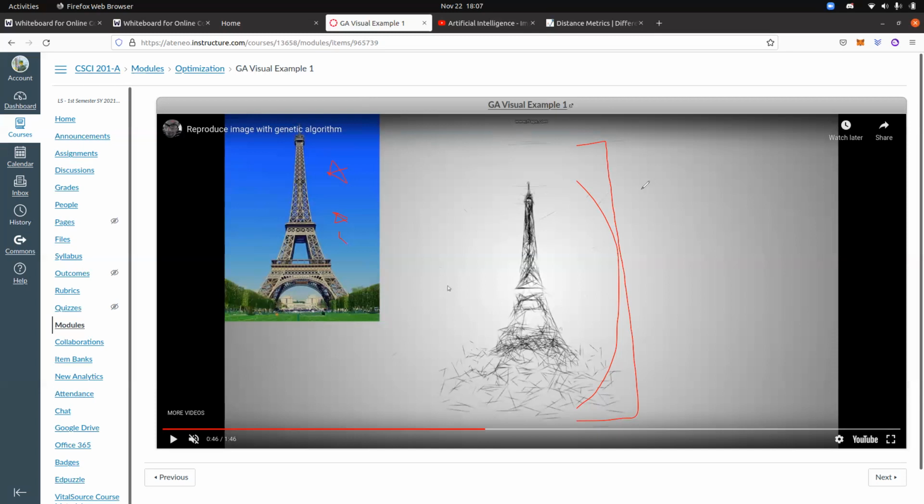So if this were a picture of 400 by, I don't know, 250, then all the pixels of a vector of 400 times 250 will be the value that we can probably use distance formula in to measure against the target picture.